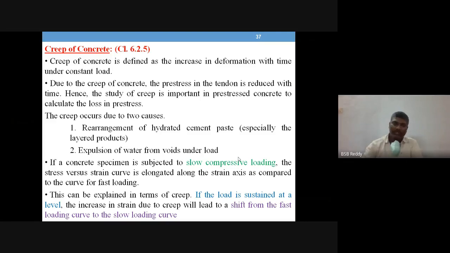The parameters it depends on are very similar to shrinkage, but shrinkage is due to exposure to the environment, whereas creep is from the load.